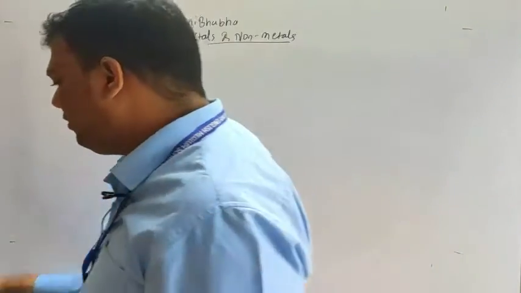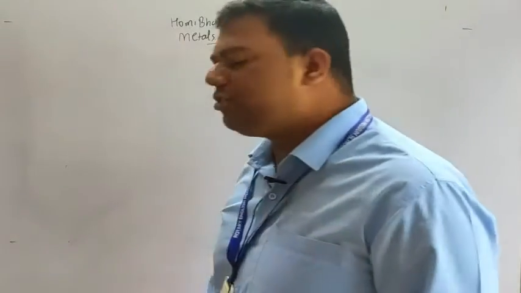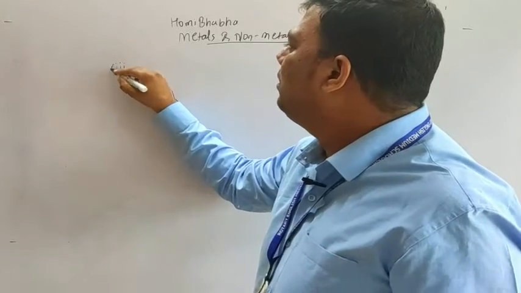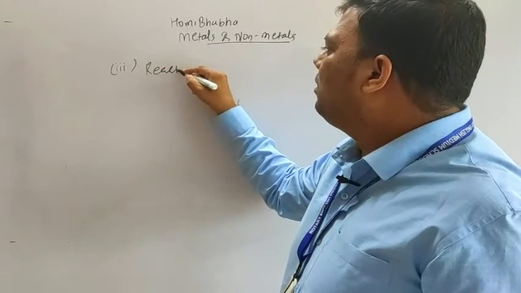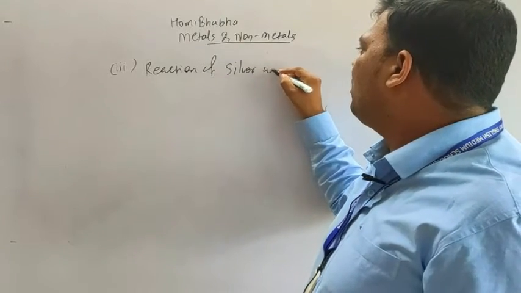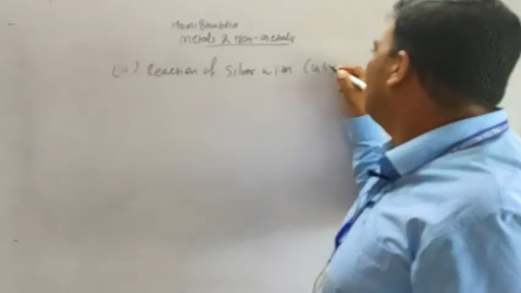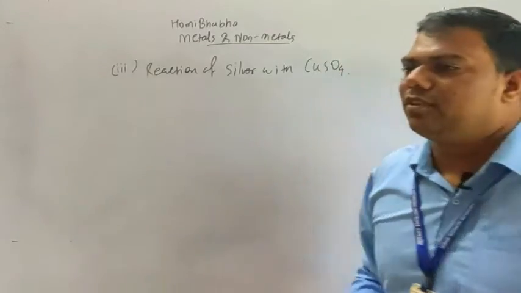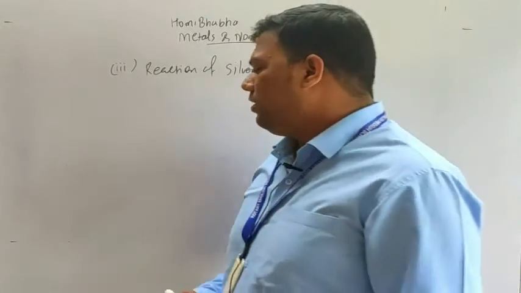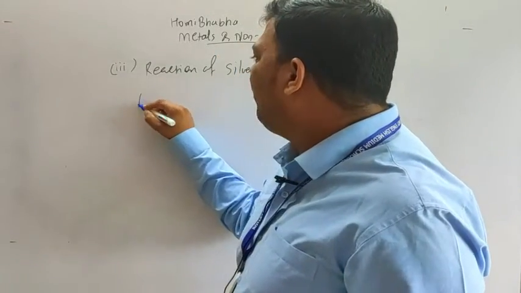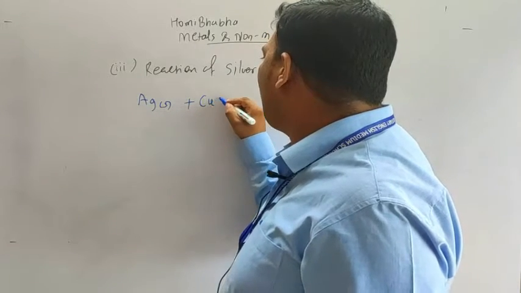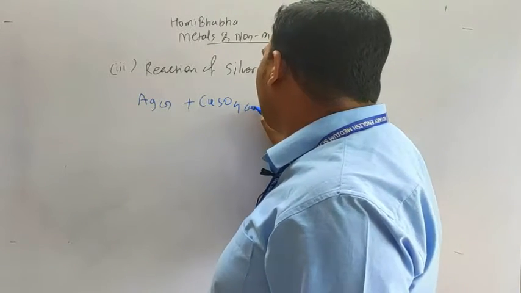Understood all this? Now we will see the reaction of silver. Third example: reaction of silver with copper sulfate. As you know, Ag solid plus copper sulfate aqueous.